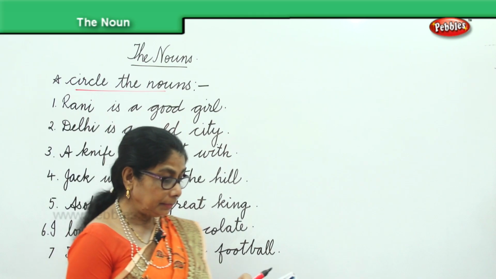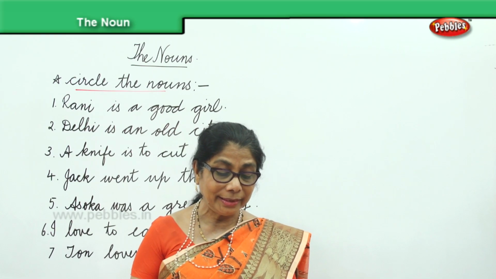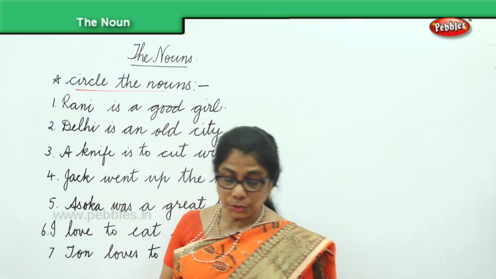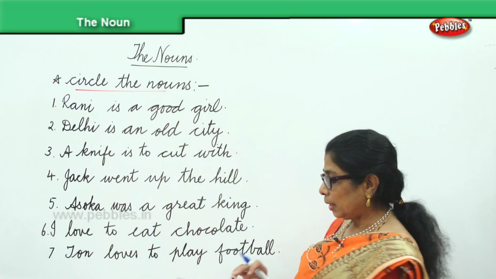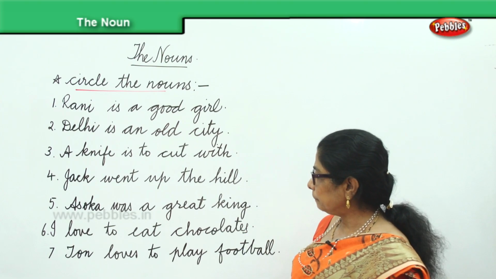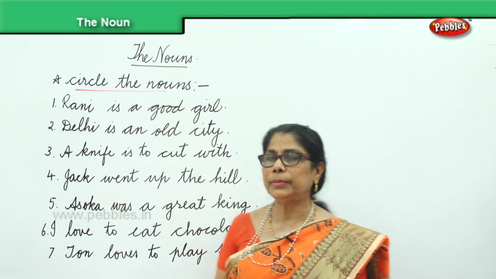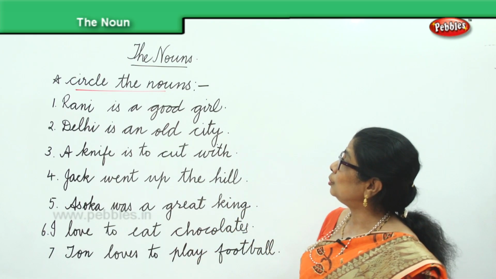Now, look at all the sentences we have here. Rani is a good girl. Delhi is an old city. A knife is to cut with. Jack went up the hill. Ashoka was a great king. I love to eat chocolates. Tom loves to play football. Carefully, let's look at each sentence and circle the nouns over there.